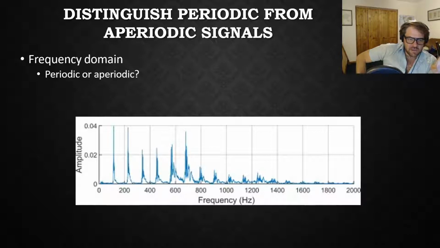Okay, so now we're looking in the frequency domain. Is this periodic or aperiodic? Go ahead and come up with an answer. What you're looking for in a periodic signal are spectral lines. And if it's an aperiodic signal, you'll see something more like a flat spectrum, or something that slices down like that pink noise that I showed you, or just complete garbage.